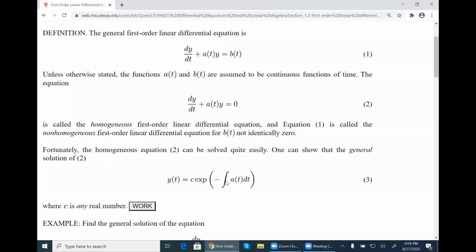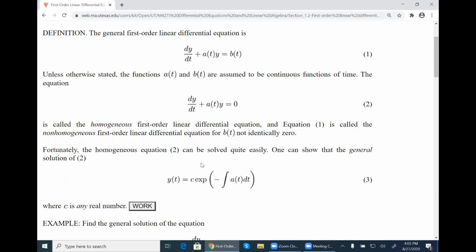Moreover, this symbol means a particular antiderivative. Depending on the situation, what is written here sometimes means the general antiderivative, but in this particular case it means a particular antiderivative.